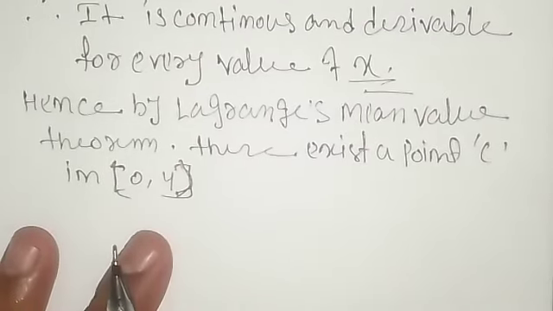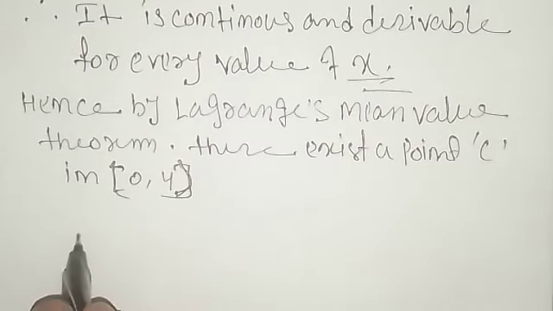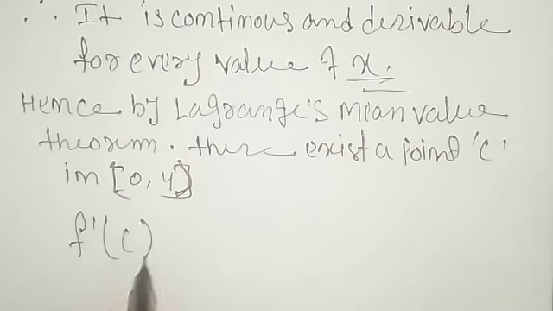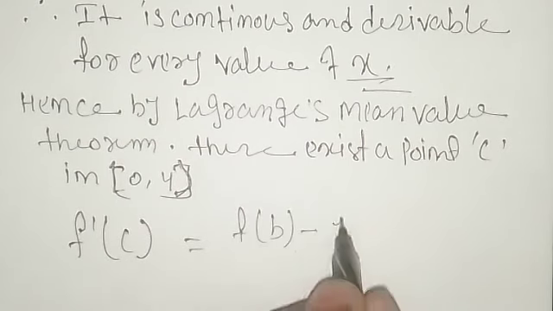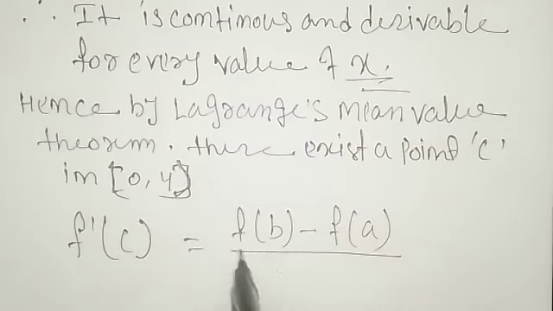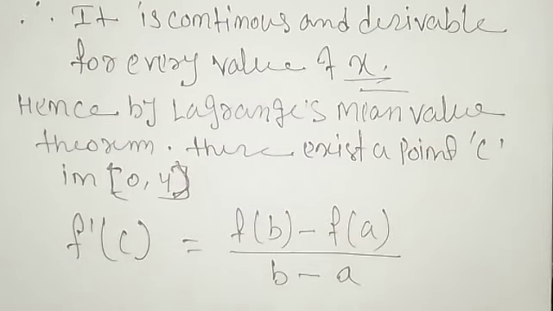Sorry, the open interval, not closed. Therefore we can say f dash of c is equal to f of b minus f of a upon b minus a.